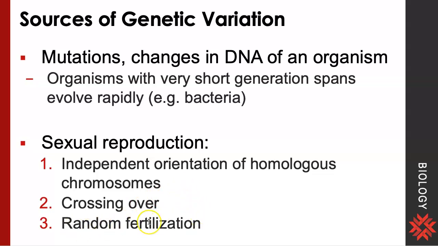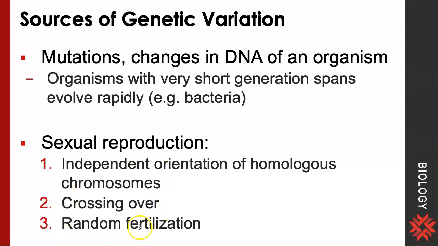And then the last step that allows for sexual reproduction to contribute to a lot of genetic variation is through random fertilization. So which particular sperm is going to fertilize the egg, and what particular traits is that egg going to be carrying.